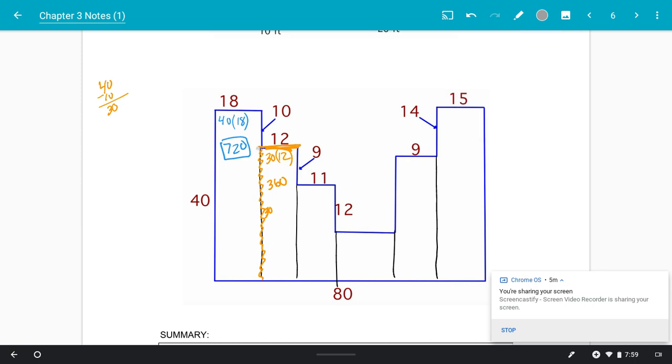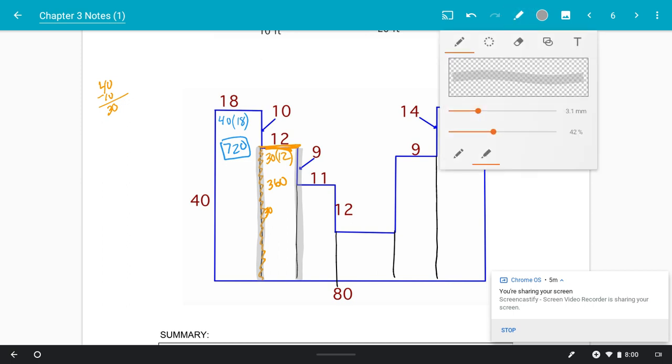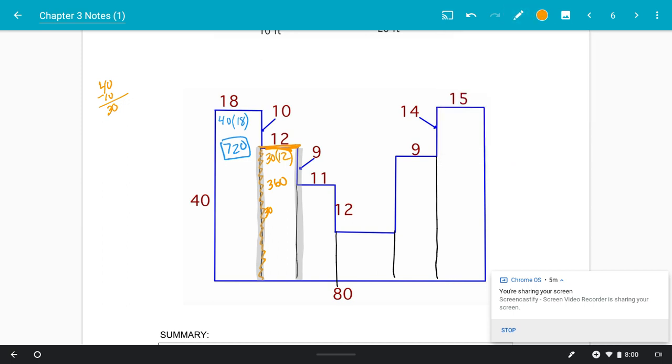So this one, we know this is 30, and so is this. But notice they just said in this picture that this part is 9. So what we're going to do is say, well, then 30 minus 9 is 21.